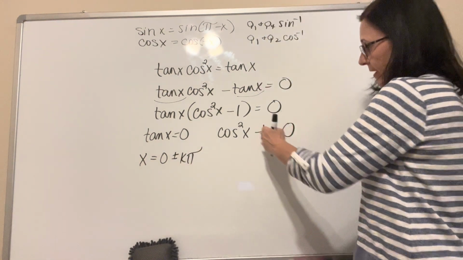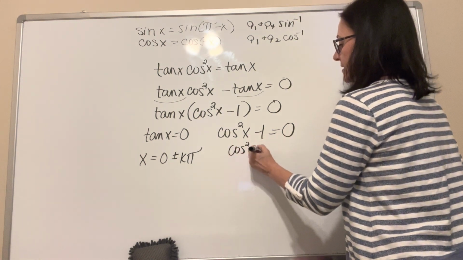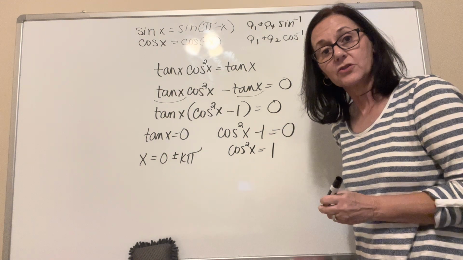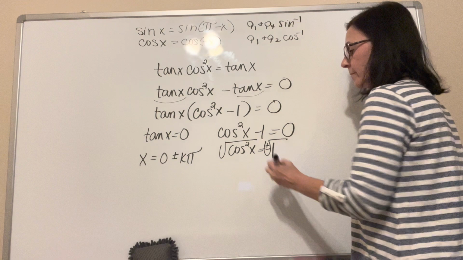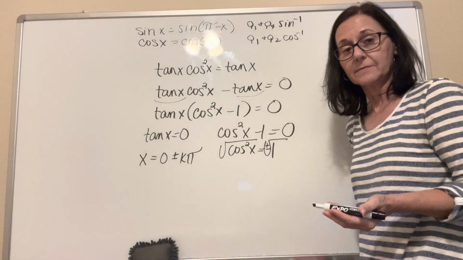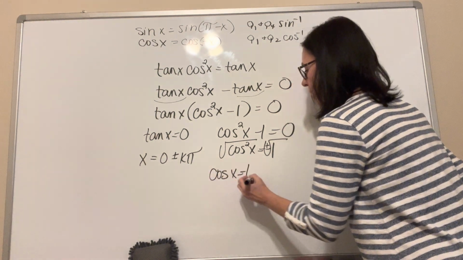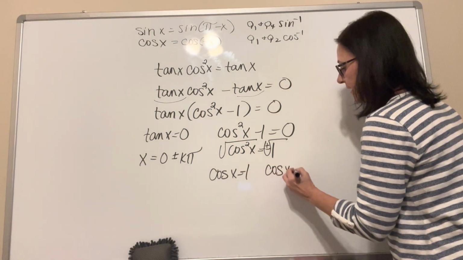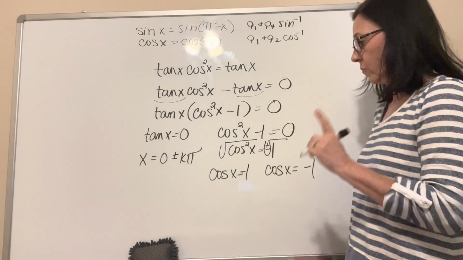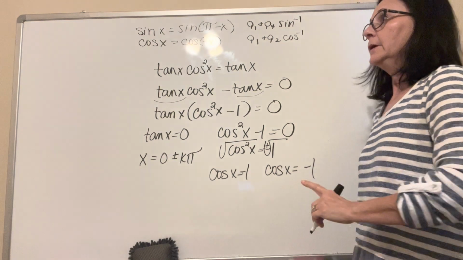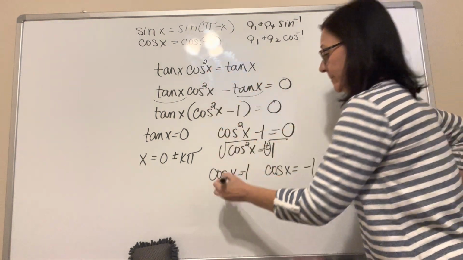All right, for this one I need to do some algebra. So I'm going to add 1 to both sides. So the cosine squared x equals 1. I'm going to take the square root of both sides, realizing that on the right-hand side, it's both plus and minus. Well, the square root of 1 is 1. All right, so this is the cosine of x equals 1, and the cosine of x is negative 1. These are on the unit circle, so we can know these. Remember, the cosine starts at 1, so that is 0, right?